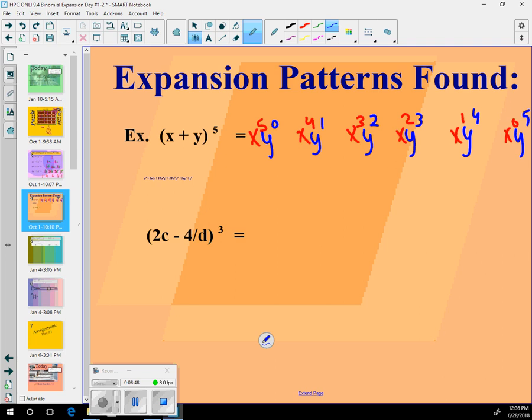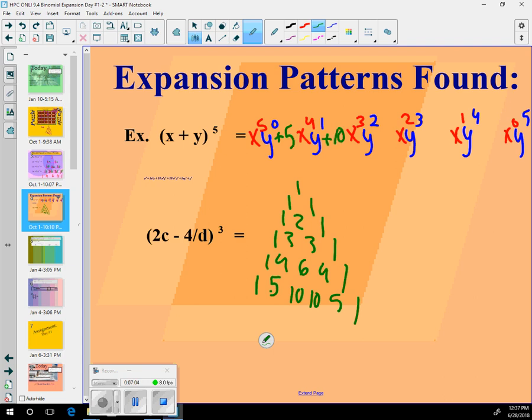For the coefficients, we employ Pascal's triangle and go to the line that has 5s in it. 1, 5, 10, 10, 5, and 1.